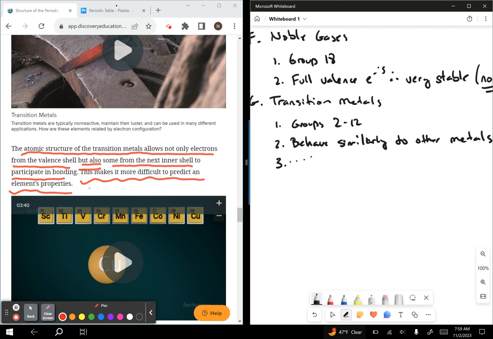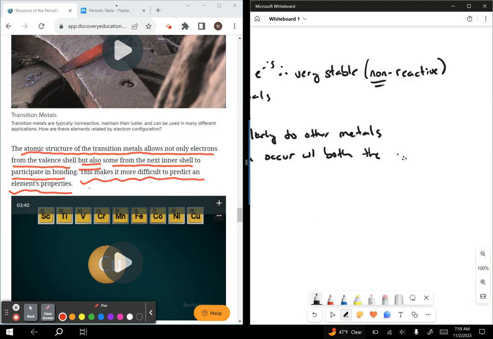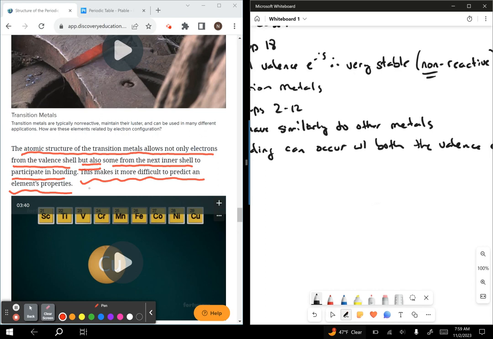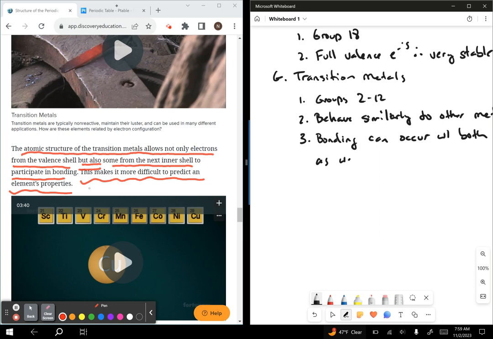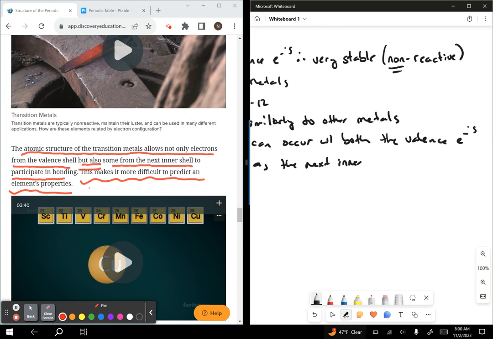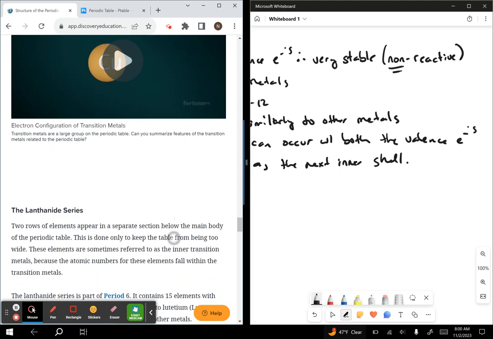Number 3, the bonding can occur with both the valence electrons as well as the next inner shell. Okay, and that's what makes it a little bit more unpredictable.